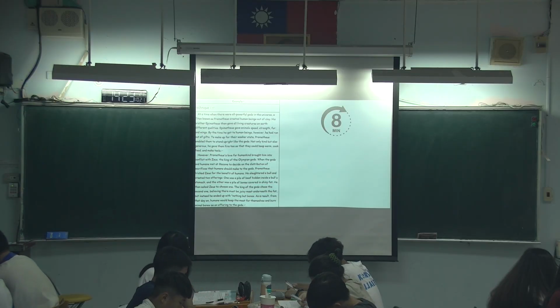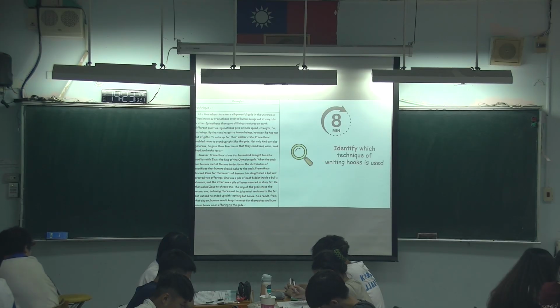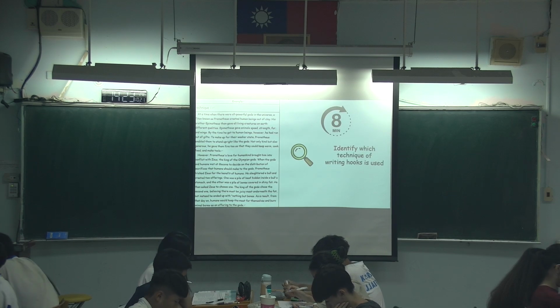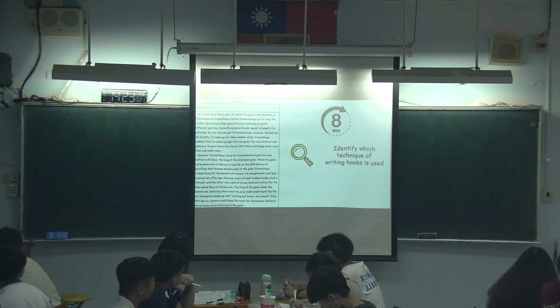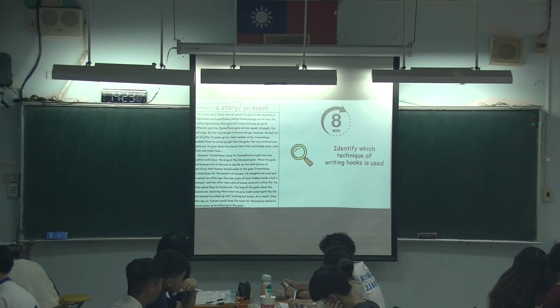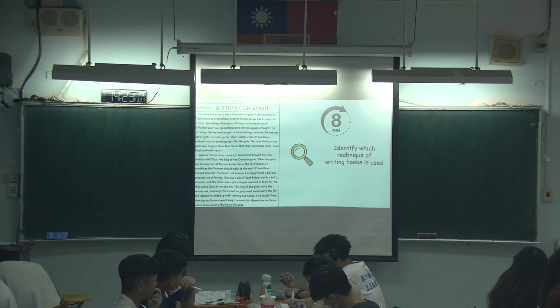Alright, here's what you're going to do. So look at the slide. The first thing is to identify which technique of writing hook is used in each text. Okay, for example, on the left side, if you identify the technique, you can write this, for example, a story or an event. Okay, so please identify it.